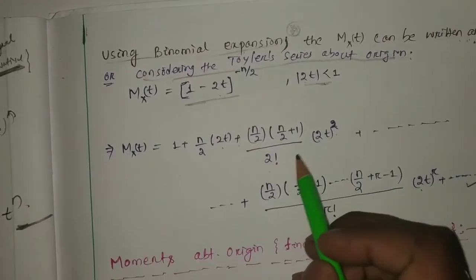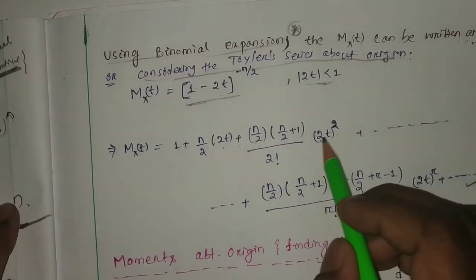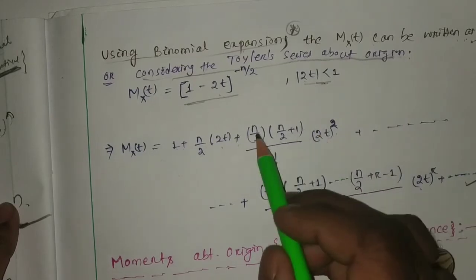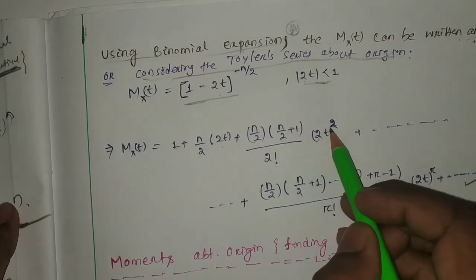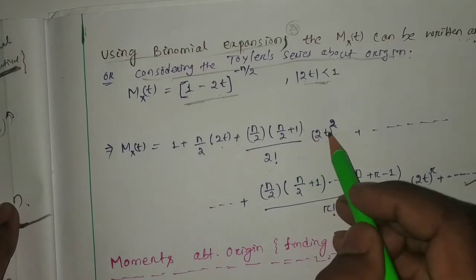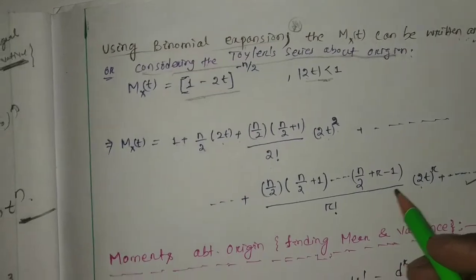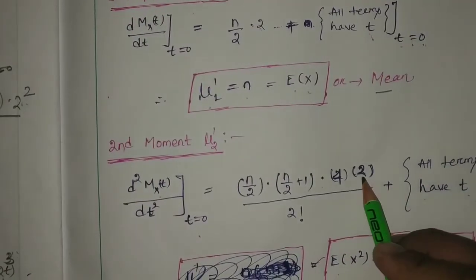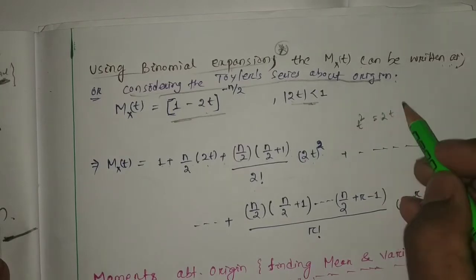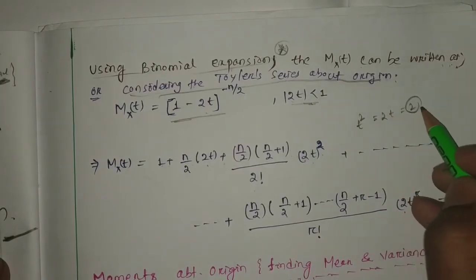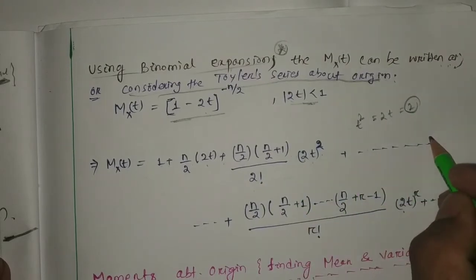You just consider this one and take the 2 times derivative with respect to t, how much are you going to get? n by 2, n by 2 plus 1 by 2 factorial, this is 2 square, it will be 4 taken outside, t square, derivative with respect to t 2 times, you are going to get 2 only. Here you can see t square first derivative will be 2t, second derivative with respect to t will be 2.